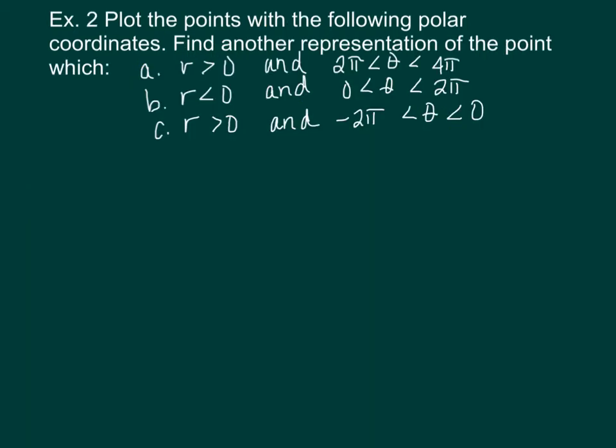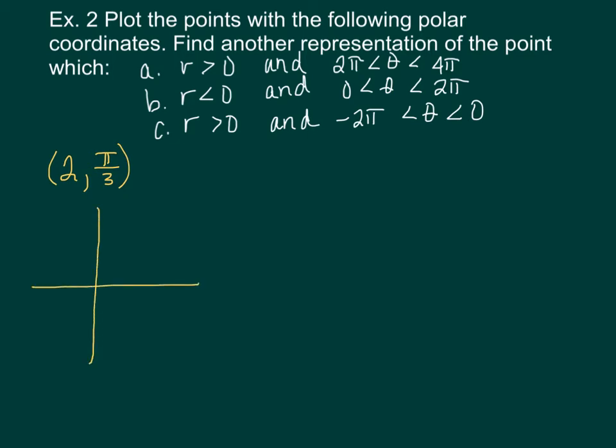Okay, example 2, we're going to plot the point, because I'm only going to do one, with the following polar coordinates, and then find another representation of the point which has to meet these 3 criteria. So the point I'm going to plot is 2 and then positive pi over 3. So let's plot this first.